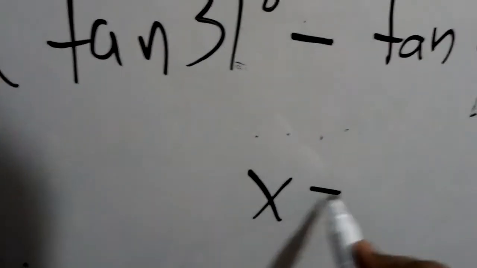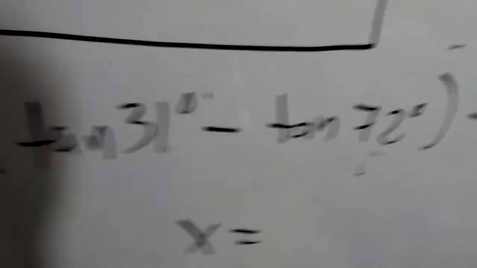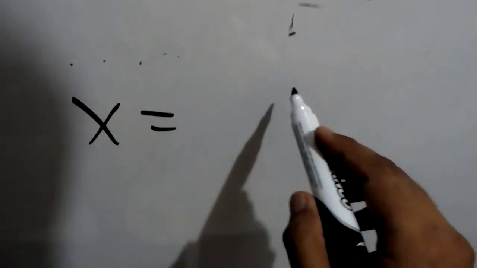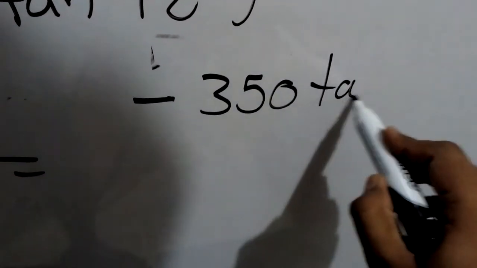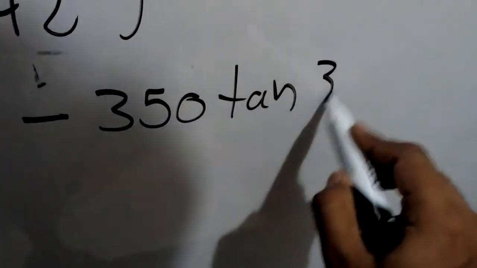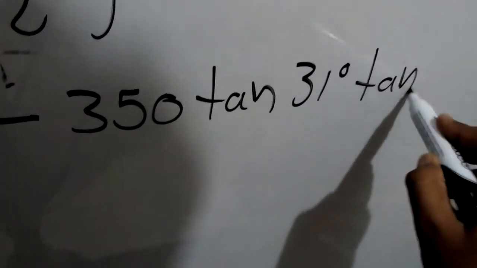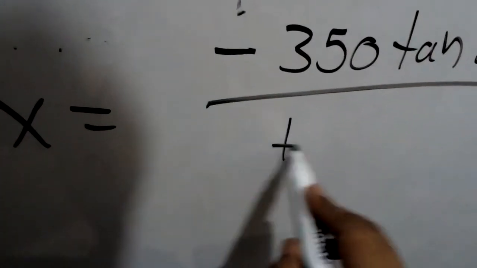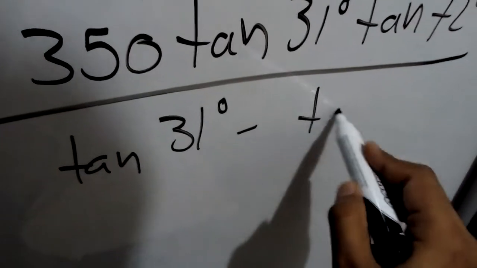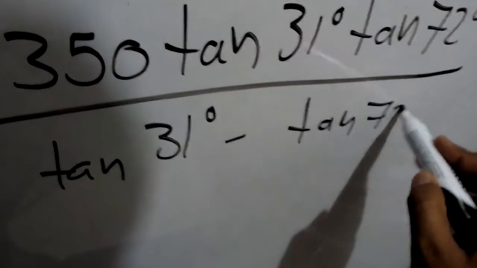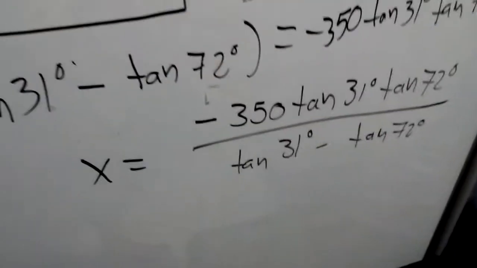Yes, because now you know x is equal to minus 350 tangent of 31 degrees, the tangent of 72 degrees over the tangent of 31 degrees minus the tangent of 72 degrees, and that's it.